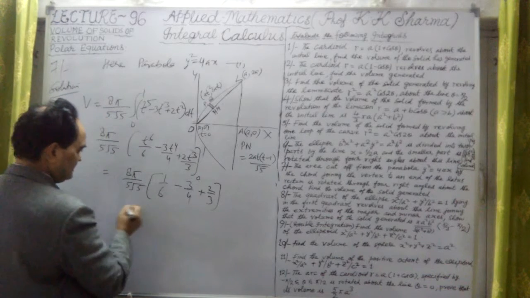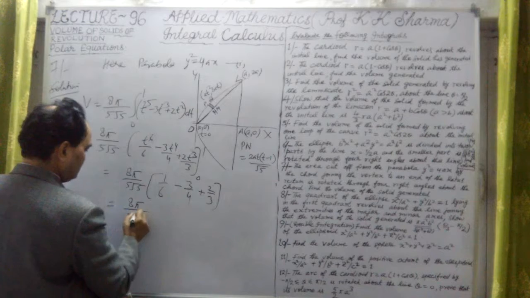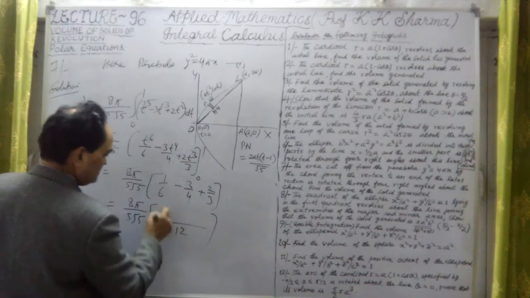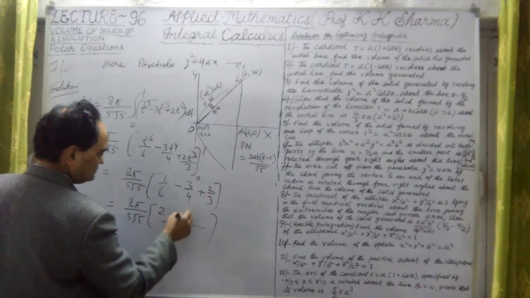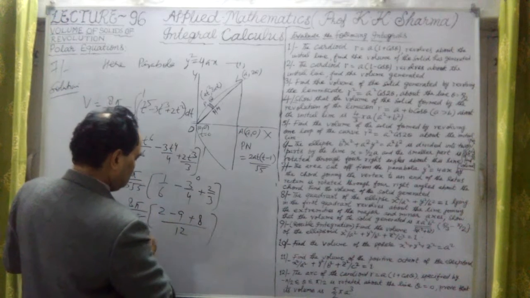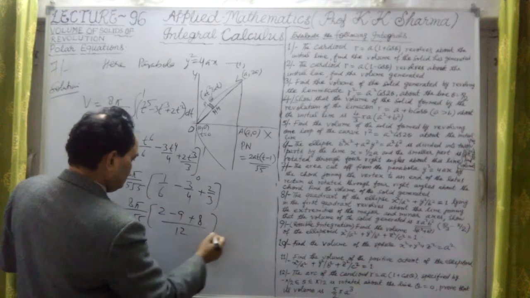Okay, now 12 is LCM. It is 8π, 5√5, 12, if I take LCM, 6 2s are 12, this is 2, minus 4 3s are 12, this is minus 9, plus 3 4s are 12, 4 8s. 8 plus 2 is 10, minus 9 is 1 upon 12.